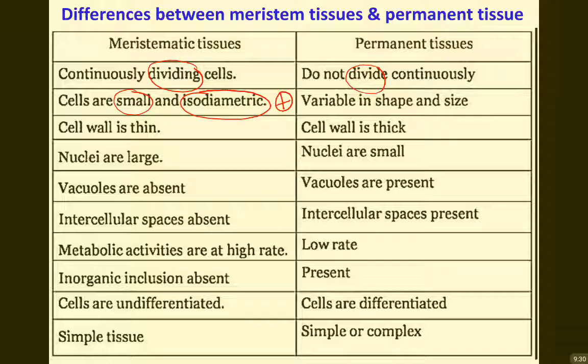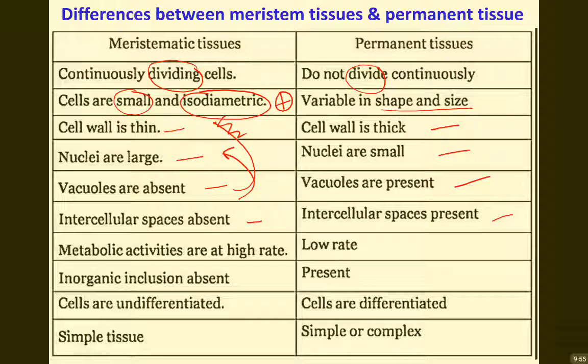For permanent tissue, variable in shape and size. Cell wall is thin, cell wall is thick. Nucleus large because they actively divide. Nucleus is small. Vacuole, no vacuole. This one has vacuole because meristem is already occupied with the nucleus. No intercellular space. This one, yes.